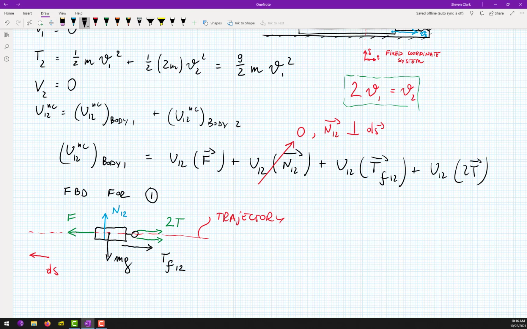So these values will be the integral from beginning to end of F times ds, plus the integral of TF12 times ds, plus the integral of 2T times ds.